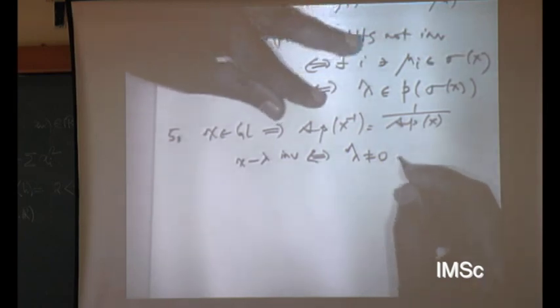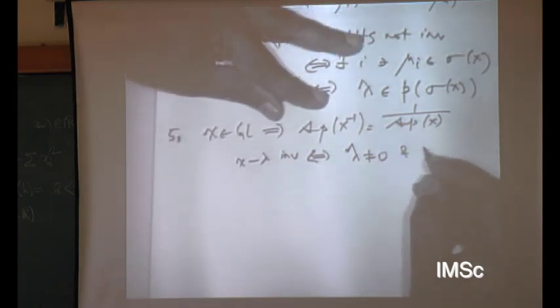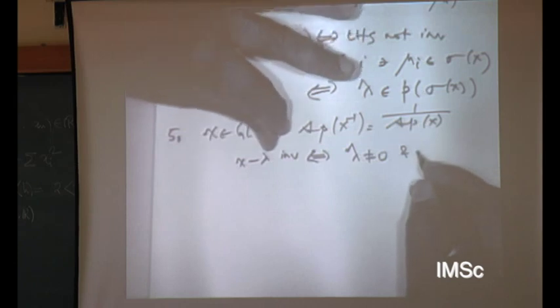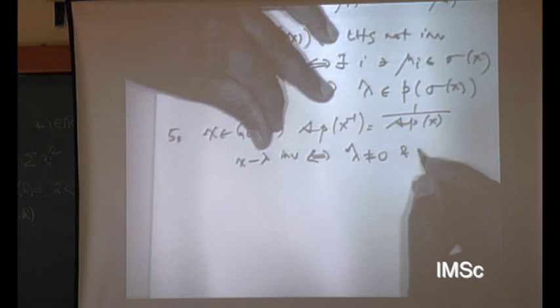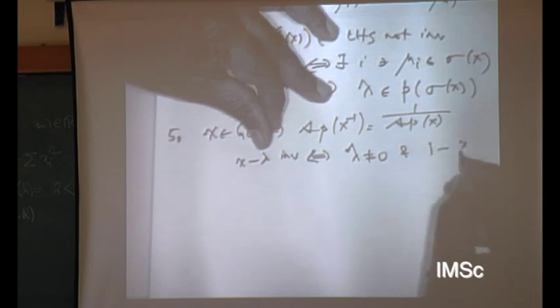If lambda is not 0, I can pull out the lambda factor: lambda times (1 minus x over lambda) is invertible.